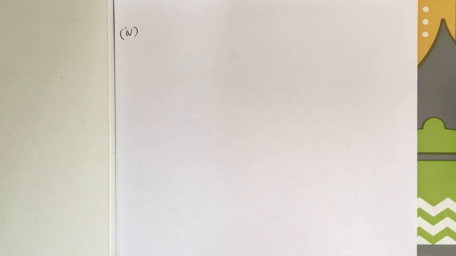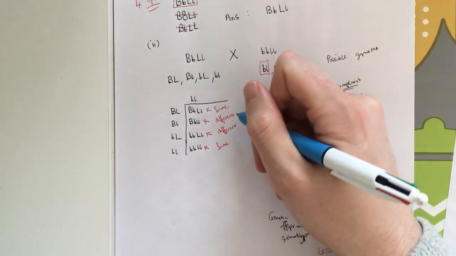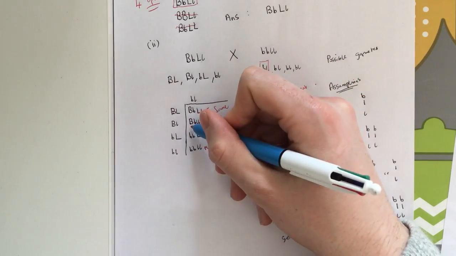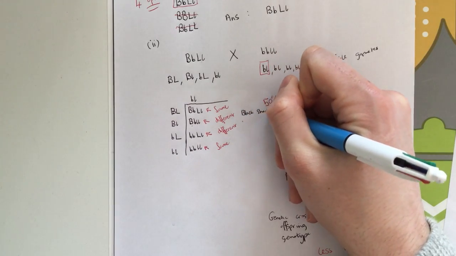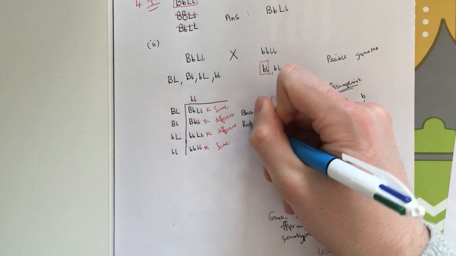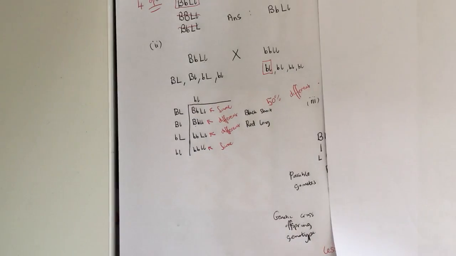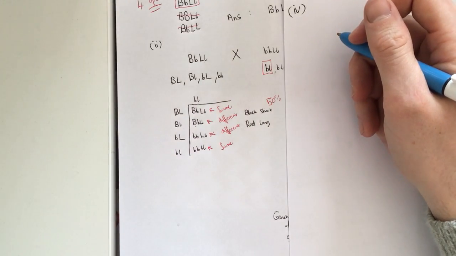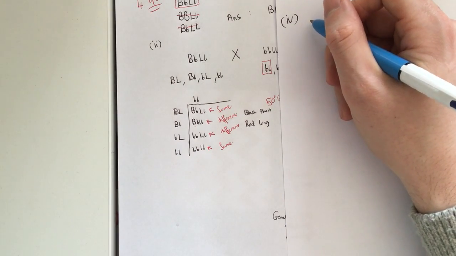We're told black-eyed, short-eared rabbits from the previous part. If we look at our Punnett square here in front of us, this is black, short. This one is red, long. So the first one we're told is black short, so some of the black-eyed short-eared rabbits.